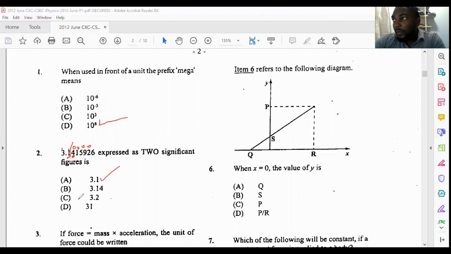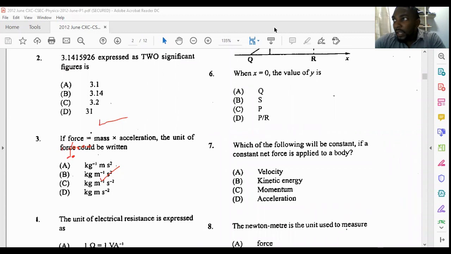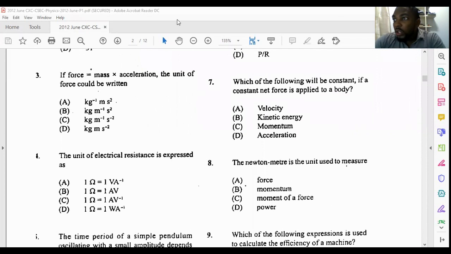Number 3. All right, number 3, as it shows here, it says if force is equal to mass times acceleration, the unit of force could be written. So we want to determine what would be the unit that we use here.